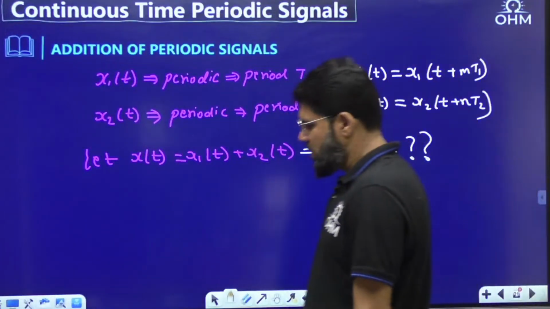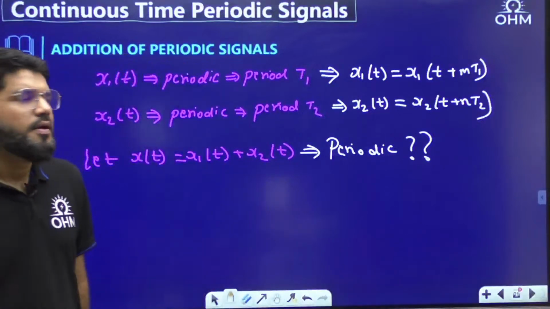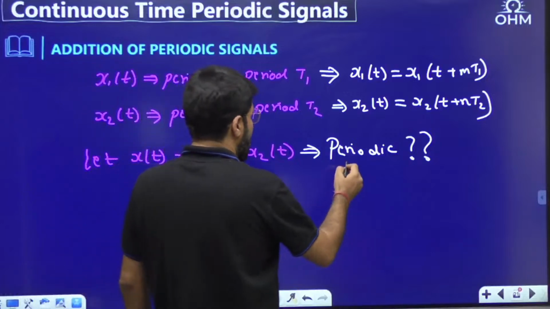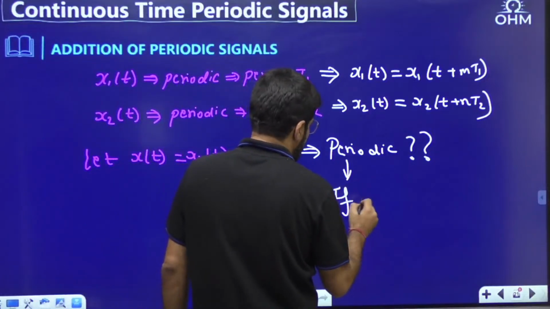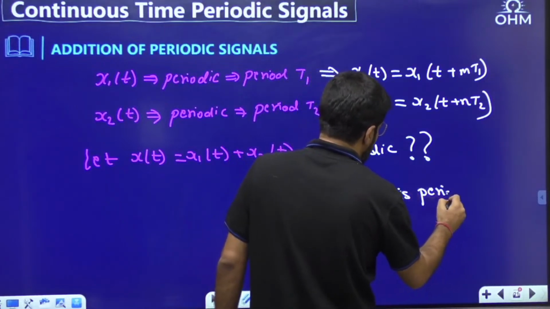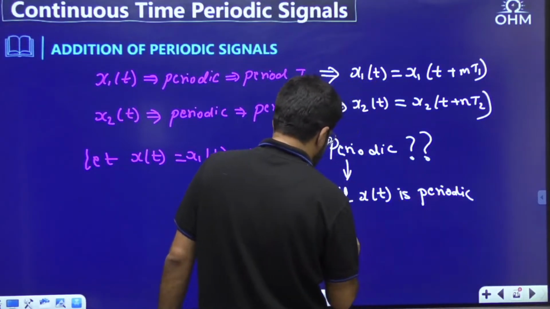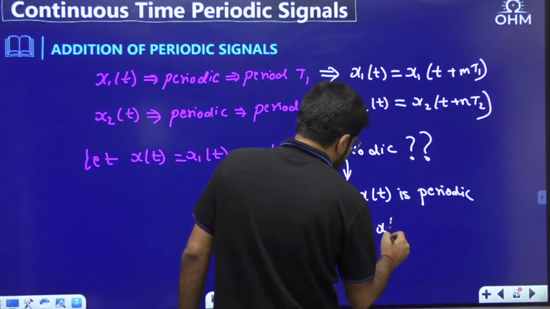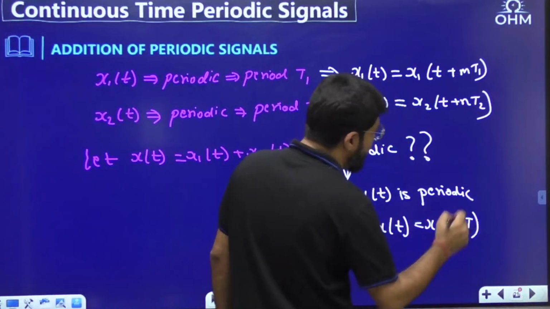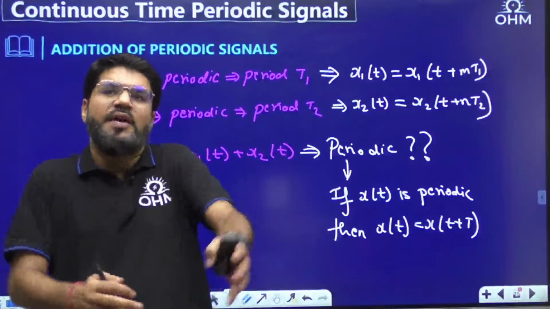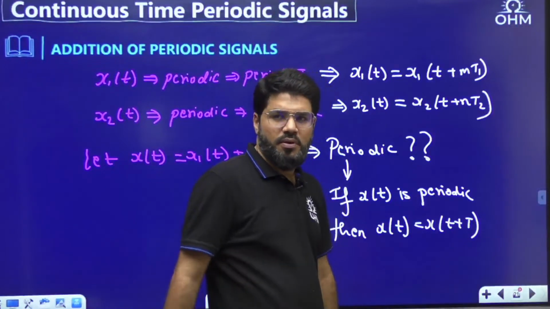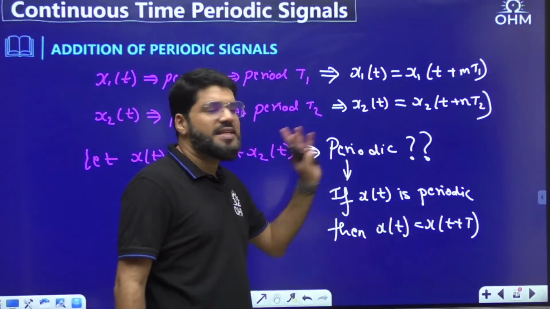Now, if x(t) is periodic, I don't know yet whether it is or not, but if it is, then x(t) should also be equal to x(t plus T), where T is the time period. If it is periodic, it will have some time period T such that x(t) equals x(t plus T).